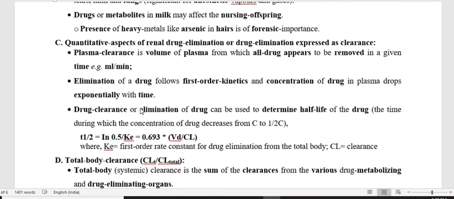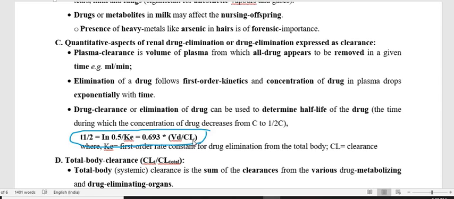Now we have to go through other terminology. So here is the quantitative expression of the half-life. The half-life of the drug is equal to 0.693 multiplied by the volume of distribution divided by the total body clearance, that is CL.